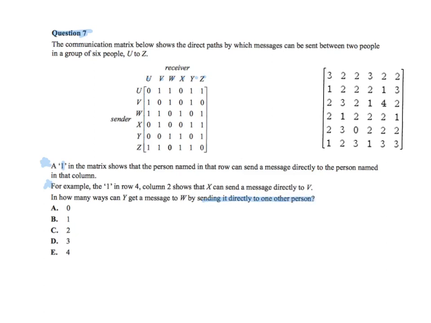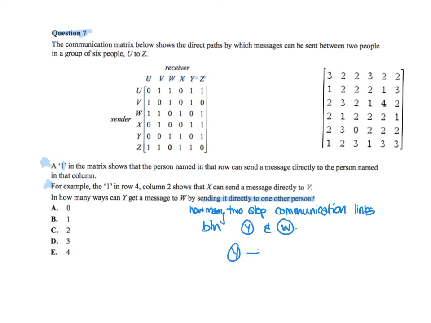They want the message to go from Y to another person to W. So this is just another way of asking for how many two-step communication links there are between Y and W. So there's going to be Y, a step and something else, and then another step, and you'll be at W.